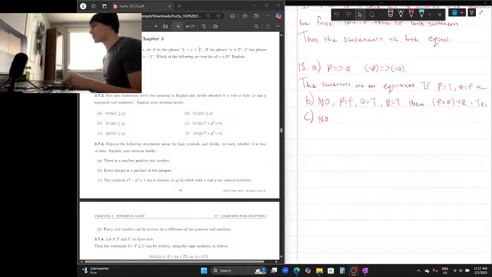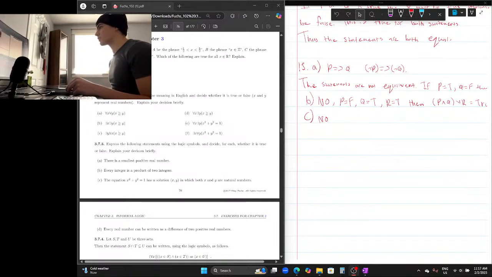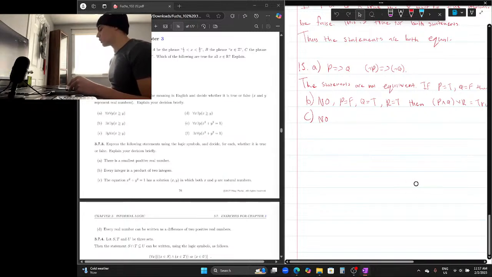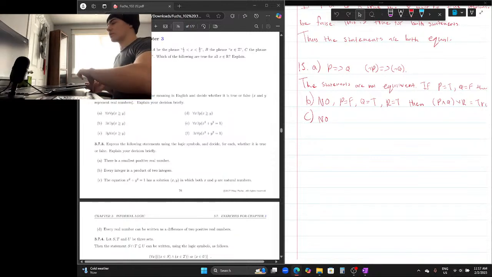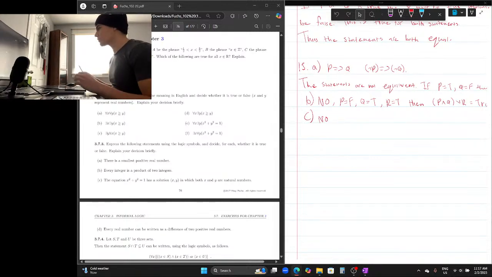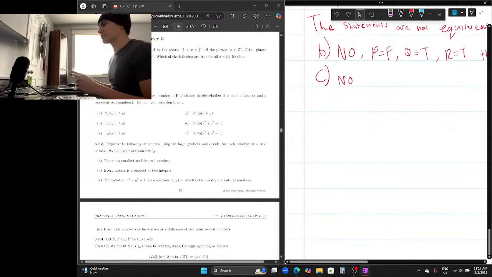Why does it look like that? Alright. Hello. I can't see chat if someone's chatting, so maybe I'll figure that out along the way. Anyways.